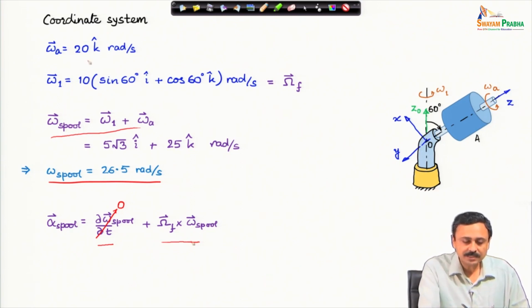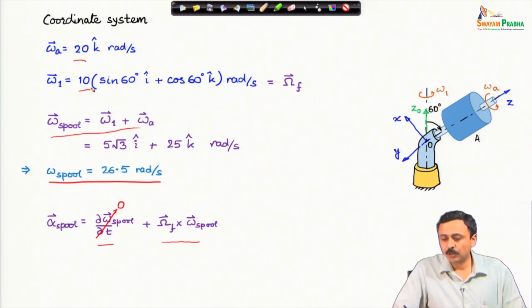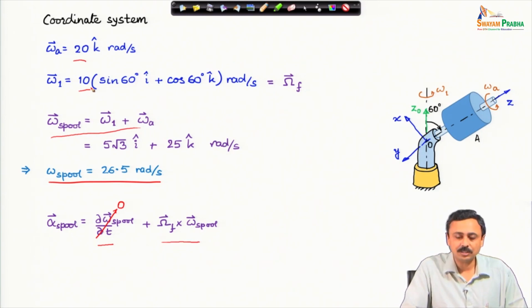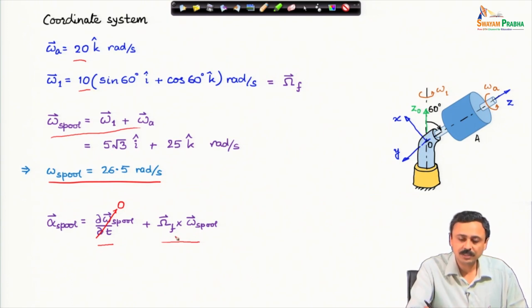Because these magnitudes are constant, the local observer fixed to the x y z frame will not see any local change. Therefore, the del del t term goes to 0, and what remains is only omega f cross omega spool, which is because of the rotation of the frame.